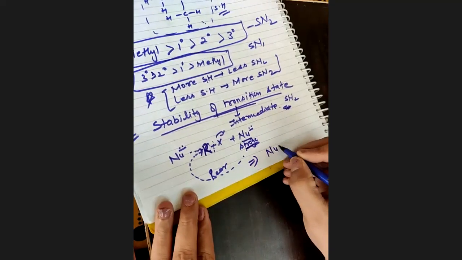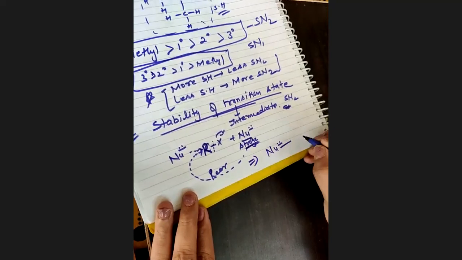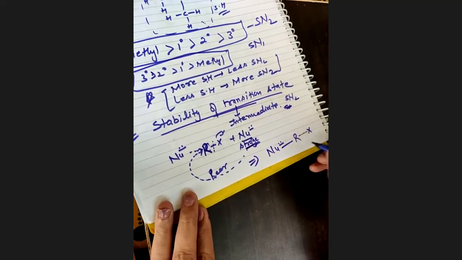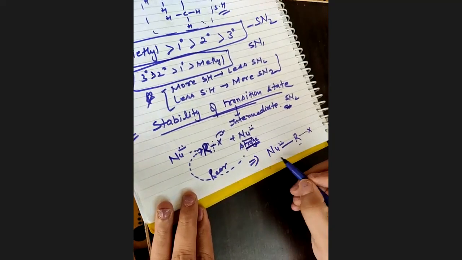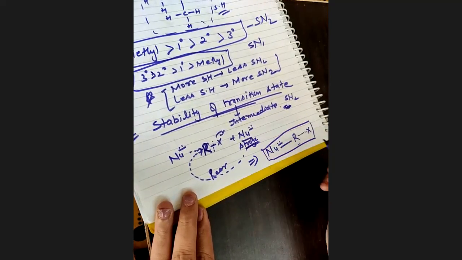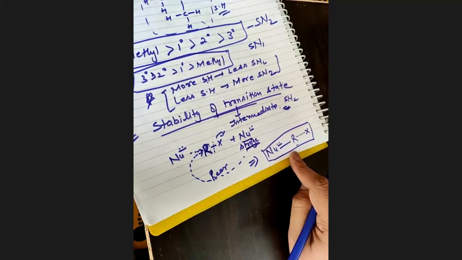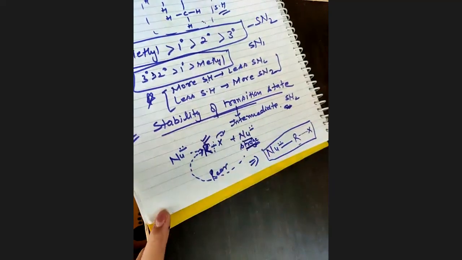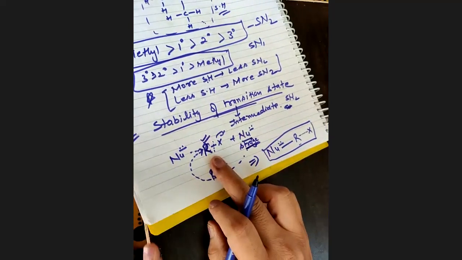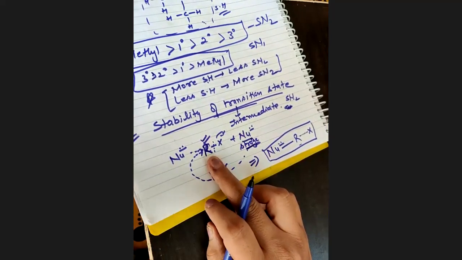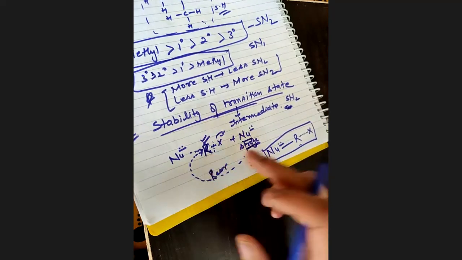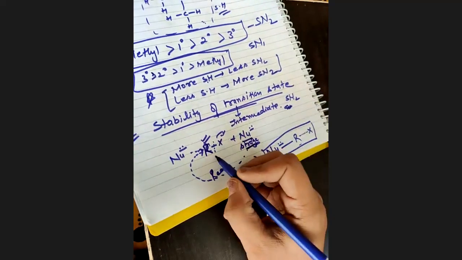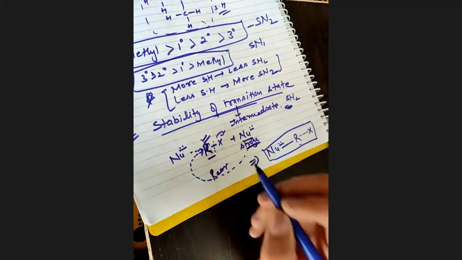So let me just draw this thing again here. At the transition state, this nucleophile gets attached with the alkyl group and this halogen starts leaving. So this is the state which is known as transition state. It actually depends on the alkyl group. If it is a strong electron withdrawing group, it is easy for this to attach with the nucleophile.